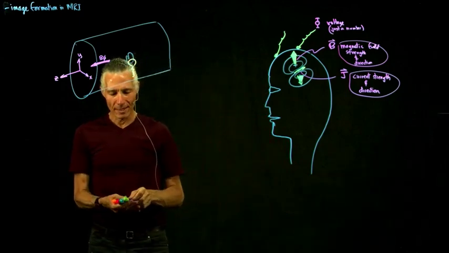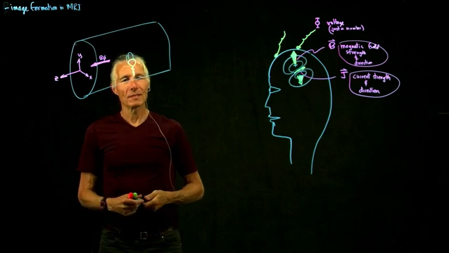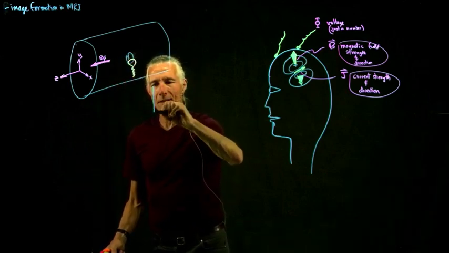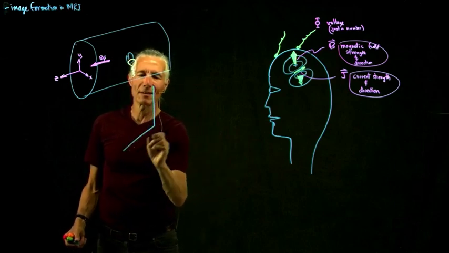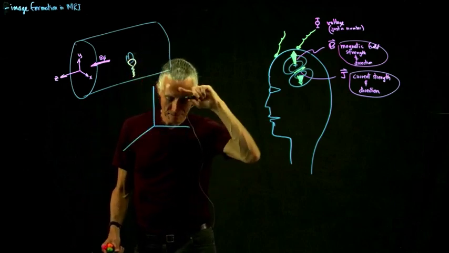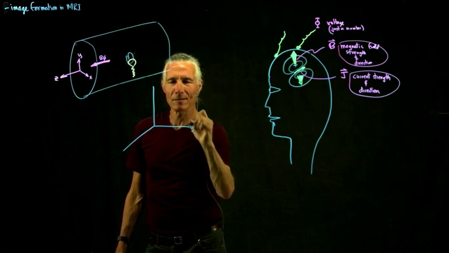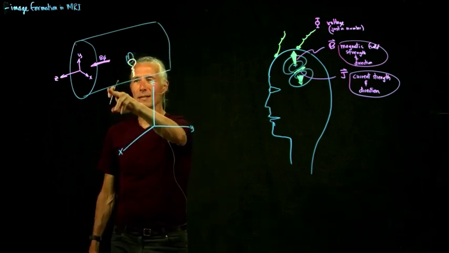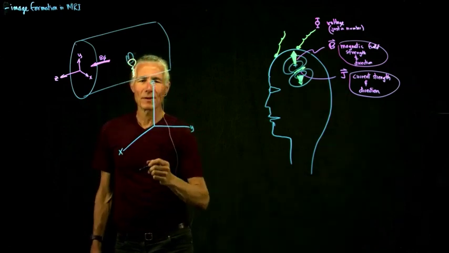So what does T2 decay and T1 decay look like? Now we've got a rotated coordinate system, with Y going in this direction, Z going in this direction, and X going in this direction. That's just rotated 90 degrees from what you have there.